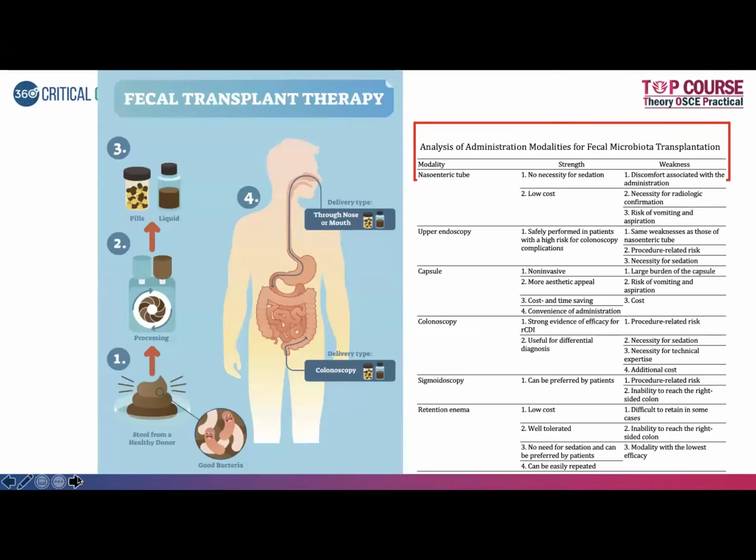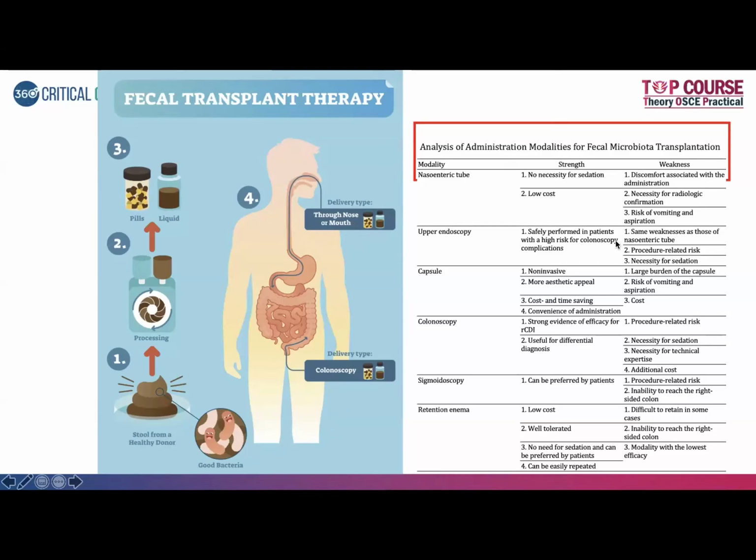So how is it being administered? Either as pill or liquid form. Once the good bacteria is processed, it is made into either pill or liquid, given either orally or through a nasoenteric tube. The advantages and disadvantages of every method are given here.